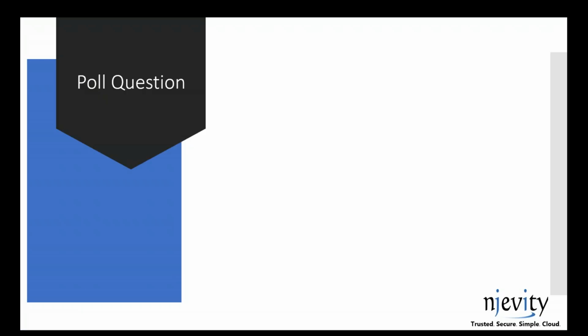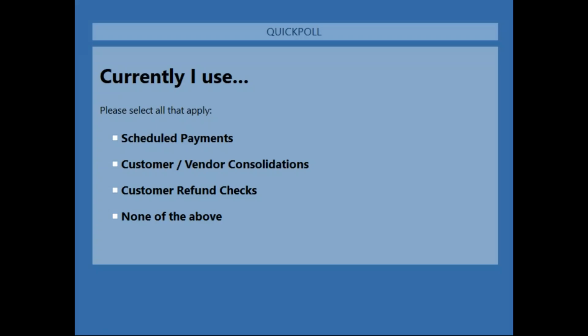I have no problem taking the topic questions as you have them, instead of waiting until the end. Now, I do want to launch one poll question. I just want to know if any of you are using any of these modules yet. Oops, I clicked on manage instead of launch. There we go.